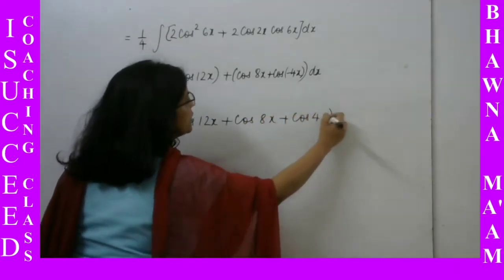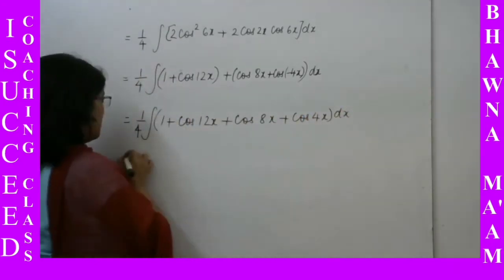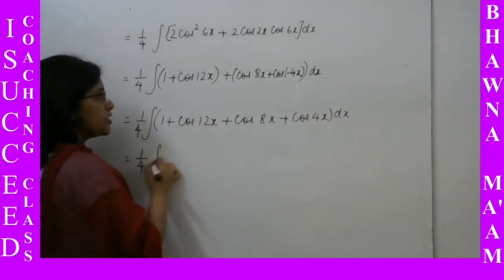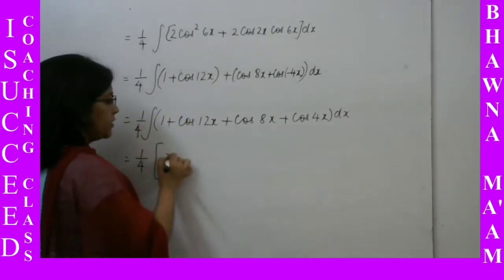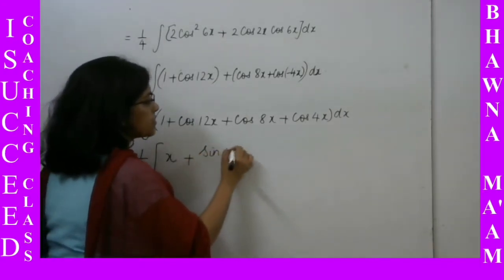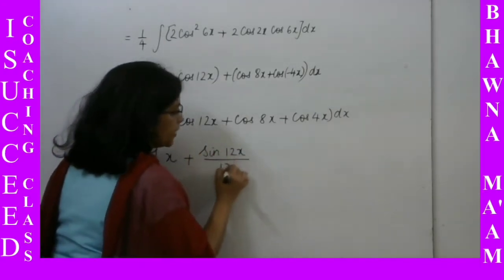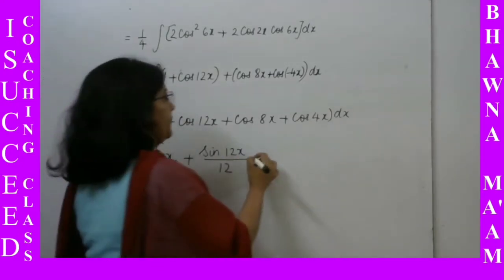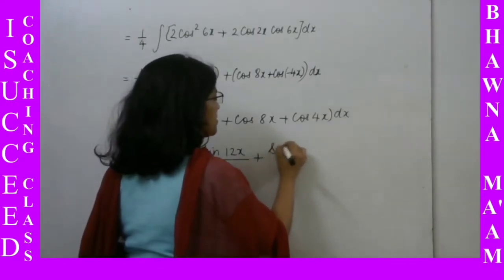We will integrate each of these. Integration of 1 is x, integration of 1 is x, cos 12x is sin 12x upon the derivative of 12x, which will now give us 12. Same for the other ones.